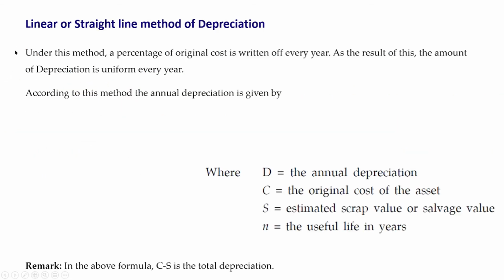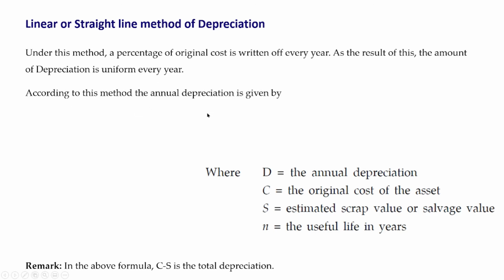Next we have this method of depreciation, the linear or straight line method of depreciation. Using this method, we can find the annual depreciation. Here, a percentage of original cost is written off every year. As a result, the amount of depreciation is uniform every year.